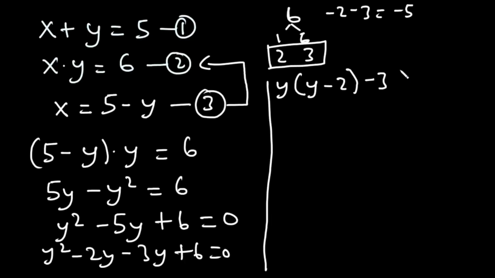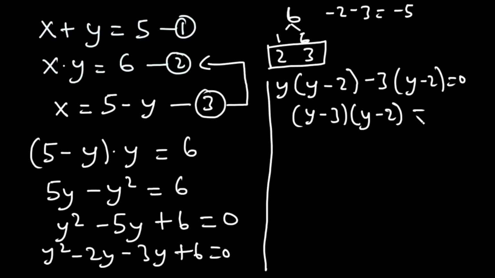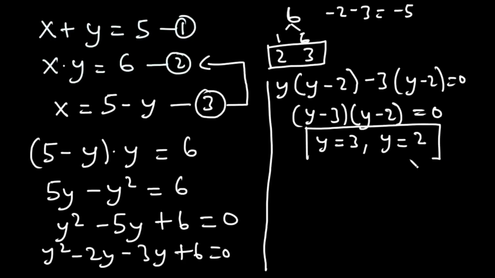We have negative 3 into brackets y minus 2 is equal to 0. So we are going to have y minus 3 and then y minus 2 to be equal to 0. So y is equal to 3 and then y is equal to 2. So these are the values of y.